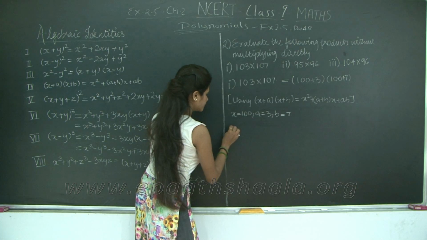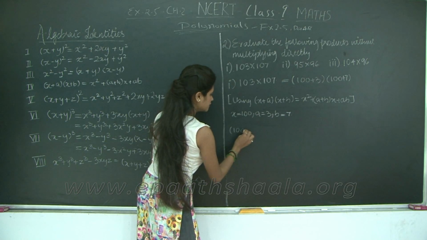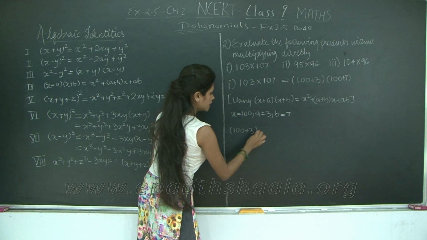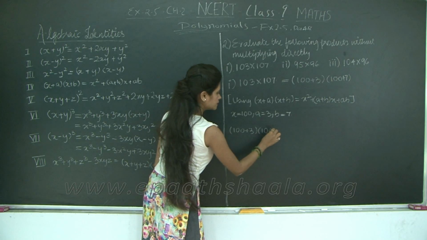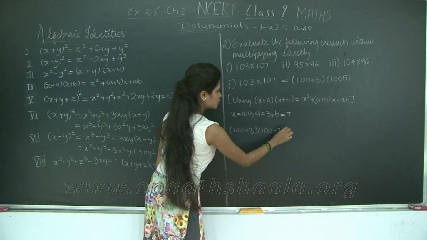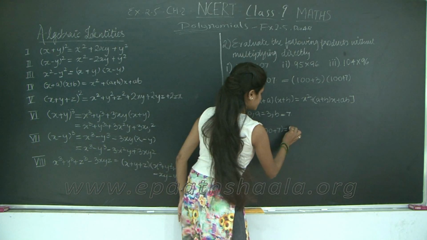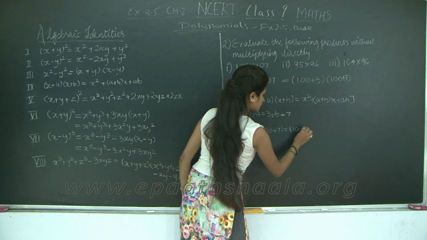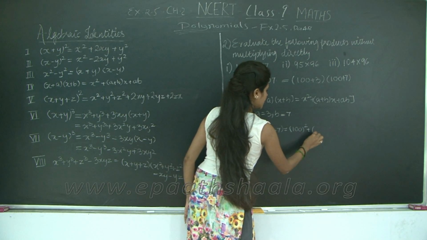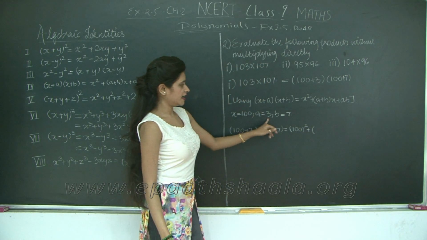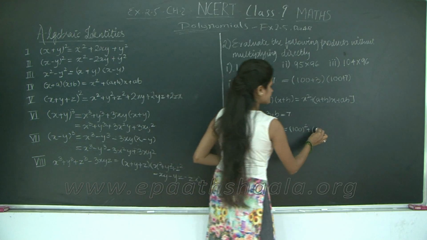Therefore, we get 100 plus 3 into 100 plus 7 is equal to x square, which will be 100 square, right? Plus a plus b. A is 3, b is 7. So 3 plus 7.